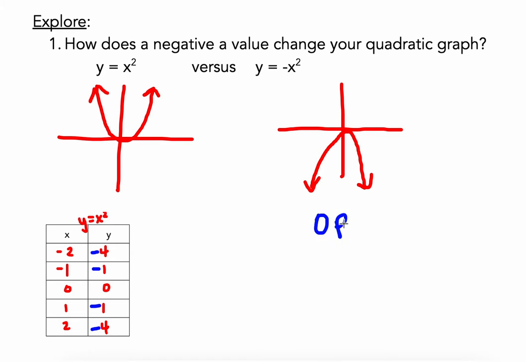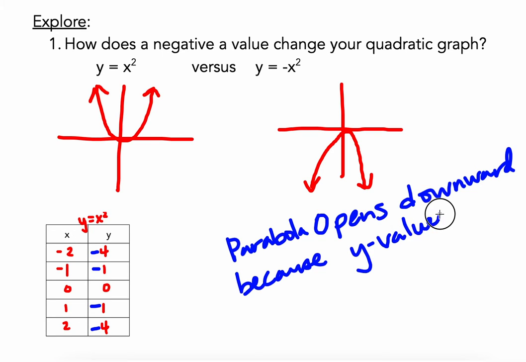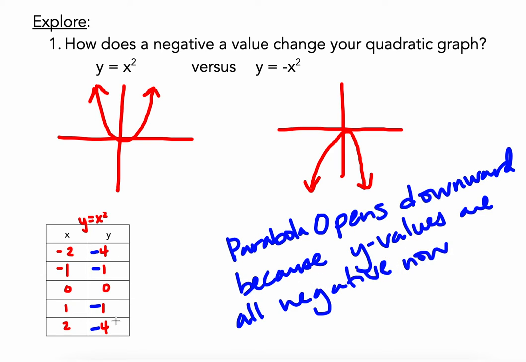Okay, so make sure you add that into your notes, that your parabola opens downward because y values are all negative now. That negative sign gets tagged on at the very end.